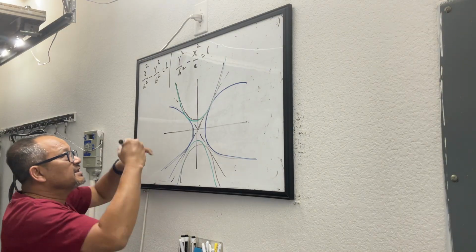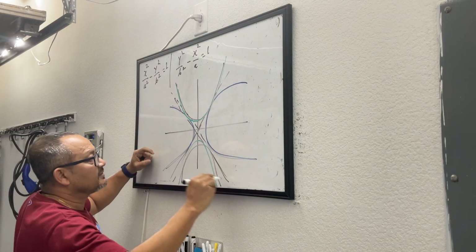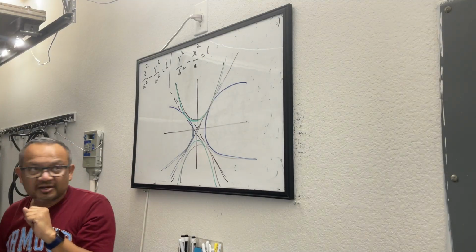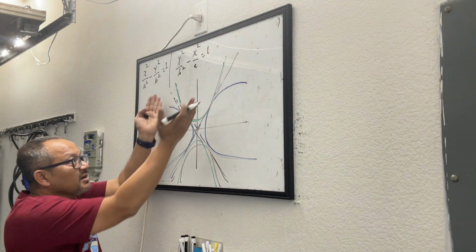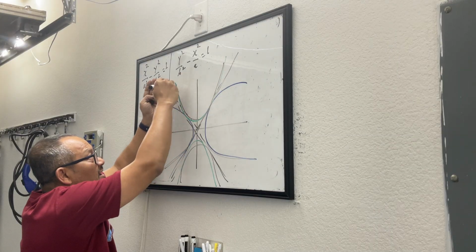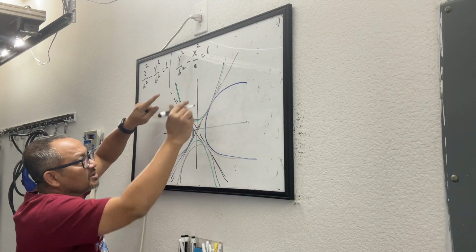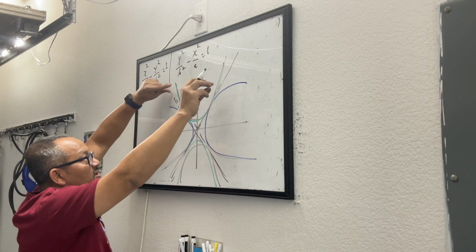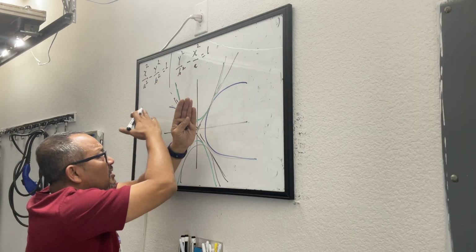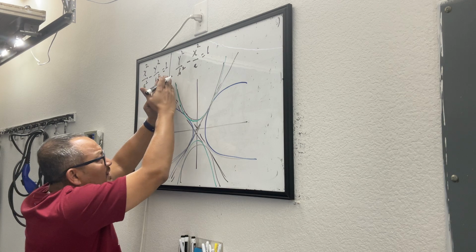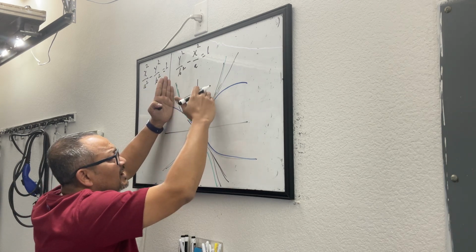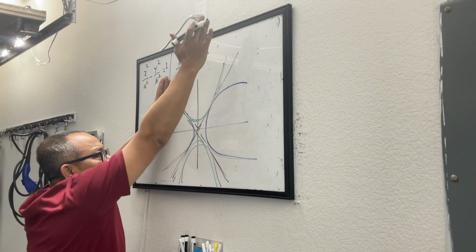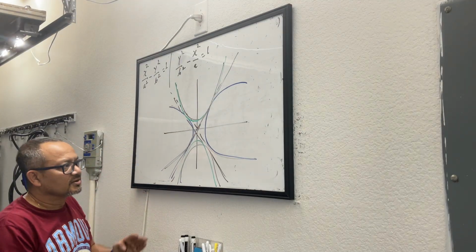Here, these two dotted lines that I have drawn, that is more like defining the boundary of the hyperbola. Meaning, here we will talk about that. Okay, I'm not going into those intricate details right now to get you guys confused in the beginning itself. I'm saying this is defining the boundary, meaning my hyperbola will come very close to the line. It will almost give a feeling that it's touching that, and then moves on.